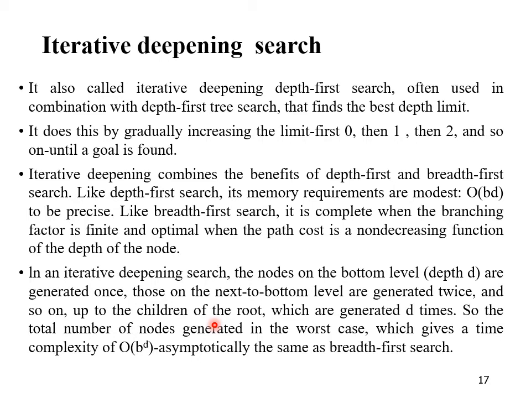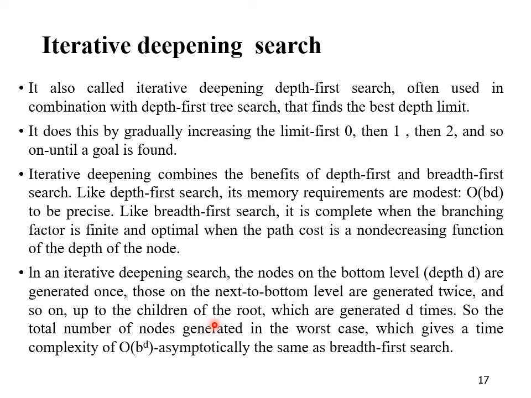Here you also have to limit the depth. In depth limited search you initially fix the limit one time, but here you gradually, level by level, fix the depth limit. It does this by gradually increasing the limit, first 0, then 1, then 2, and so on until a goal node is found. Iterative deepening combines the benefits of depth first search and breadth first search.